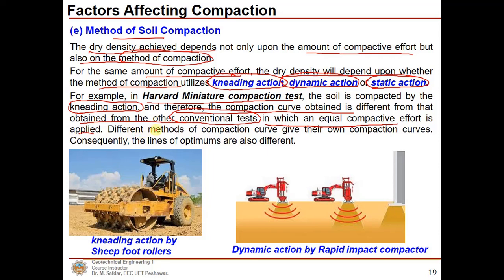Different methods of compaction give their own compaction curves. Consequently, the lines of optimums are also different. Hence, the maximum dry unit weight and optimum moisture content will be different if you are using a sheep foot roller or if we are using dynamic action by a rapid impact compactor, where the impact or force is applied to dynamically compact this particular soil.